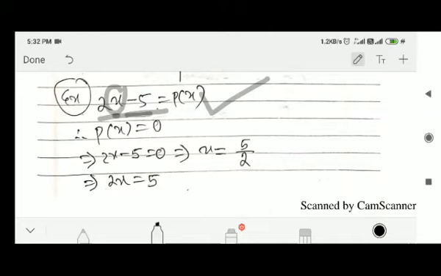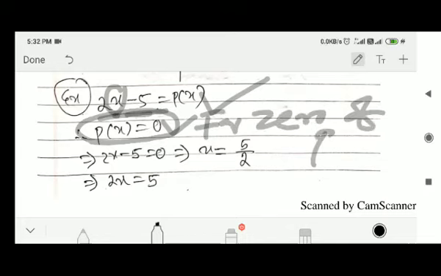So for finding the zero of p(x), I am taking p(x) equal to 0, for finding out the value of x.